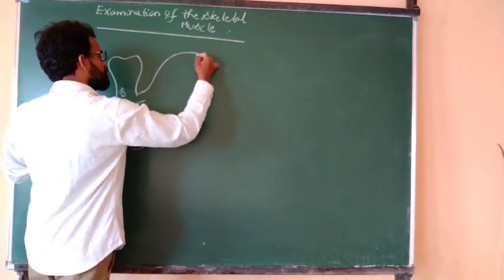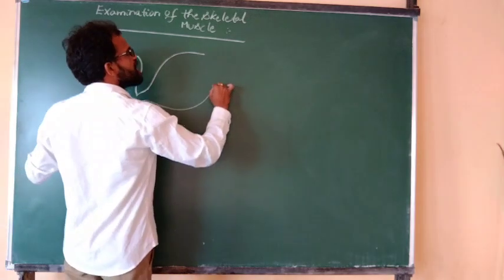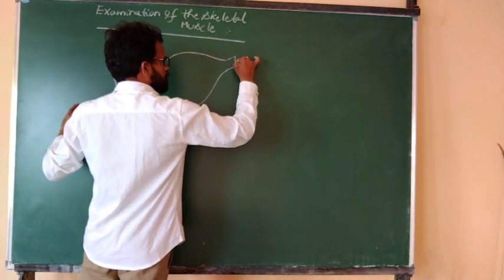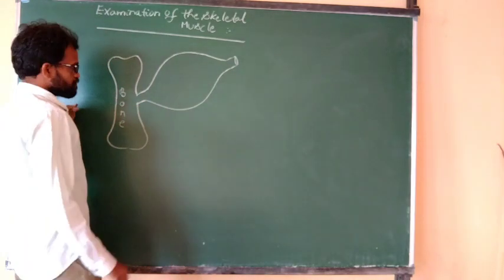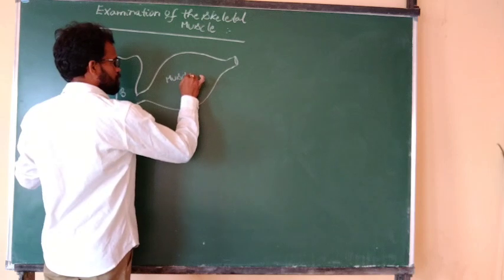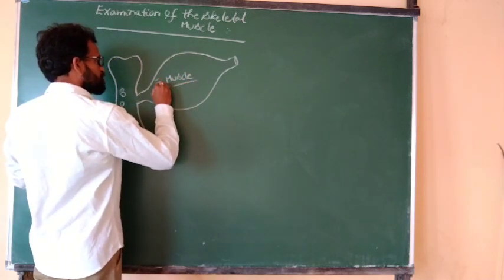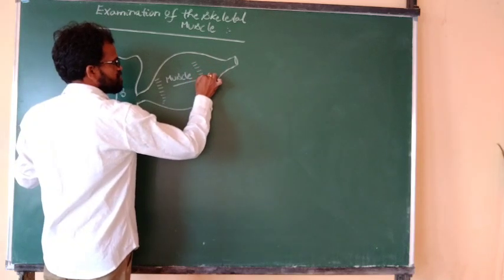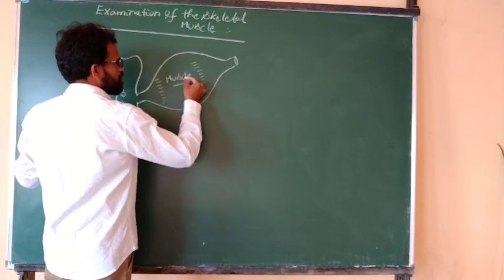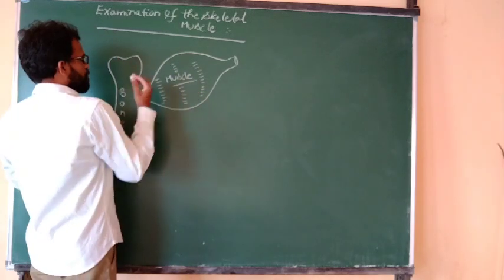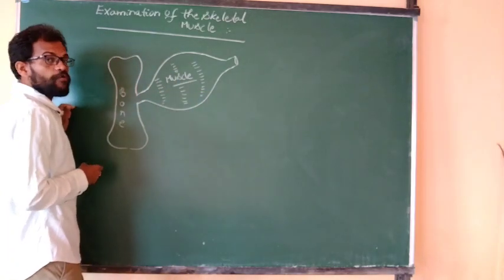The muscle means the cytoplasm of the muscle, with cross striations. Muscle is always connected to the bone.